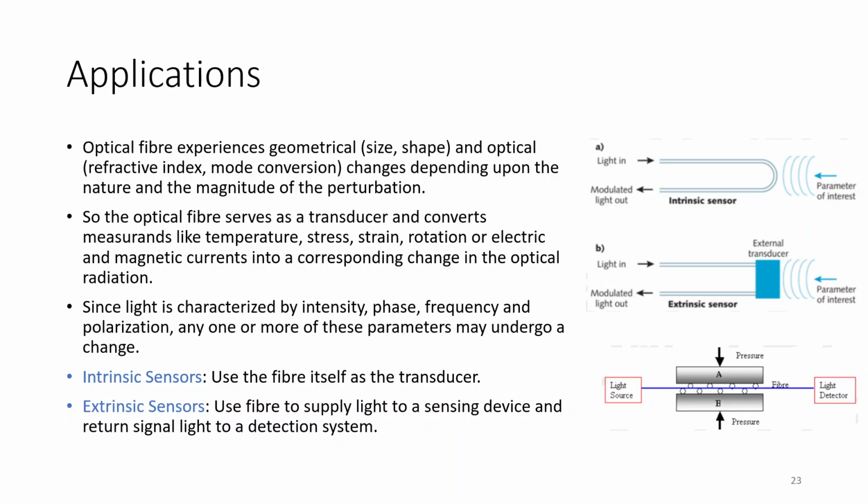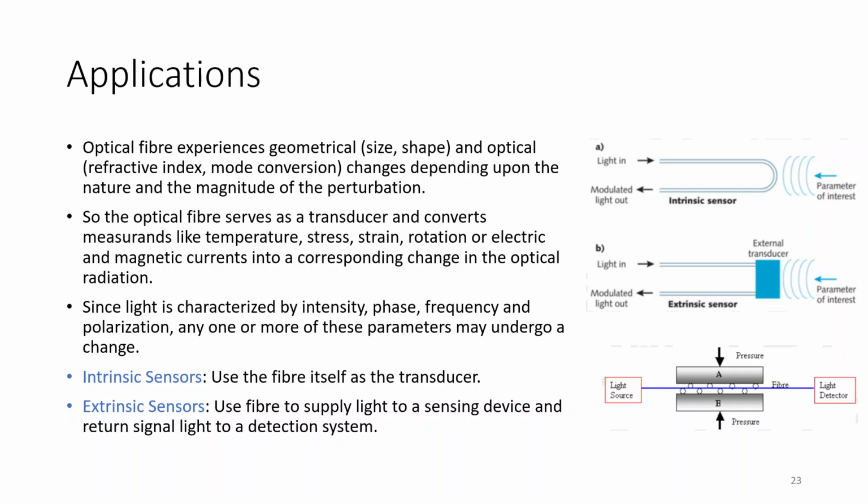So optical fiber experiences geometrical and optical changes depending upon the nature and the magnitude of the perturbation, and the optical fiber serves as a transducer and converts measurements like temperature, stress, strain, rotation, and electric and magnetic currents into corresponding change in the optical radiation.